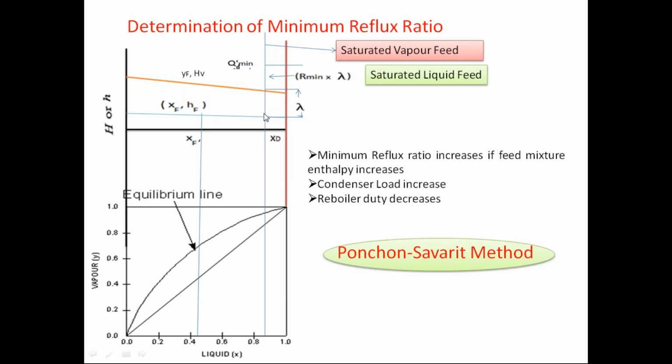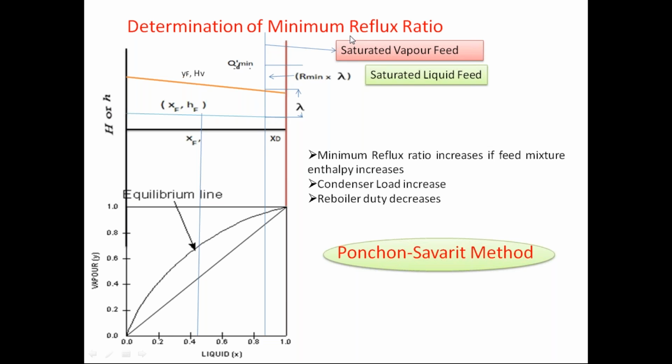Under the total condenser condition, xD is equal to y1 and y1 is equal to xL0. That means the top product composition will match the vapor composition entering the condenser, and also the reflux composition which is sent back to the column. That's why we call it a total reflux condition. Then only you can draw this vertical line.